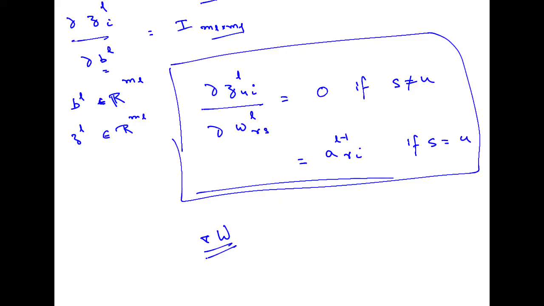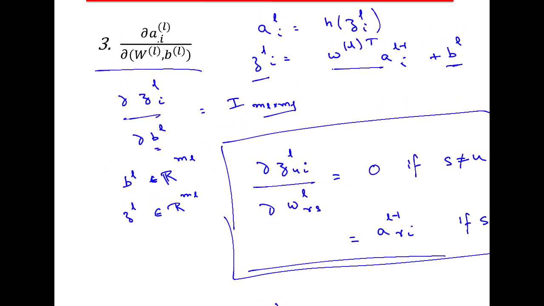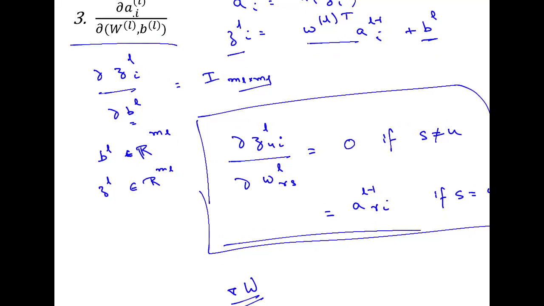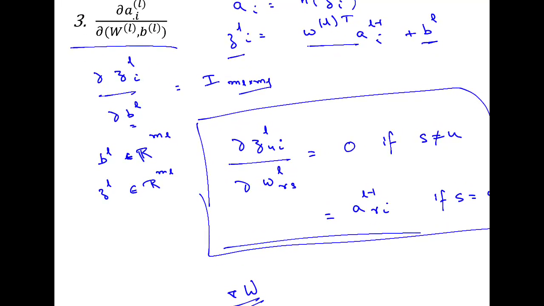Just write the final gradient of the loss with respect to a particular layer's weight. You can write it in terms of the input and output of that layer, so AL and A of L minus 1.